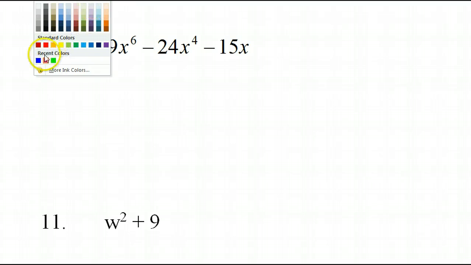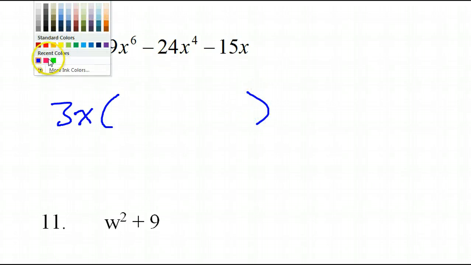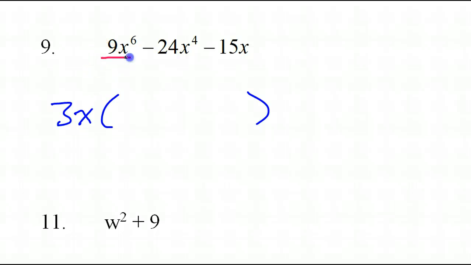Alright, at first glance, I'm seeing all of these are divisible by 3. So let's go with that. The lesser amount of x's is just the 1x. So it looks like our GCF is 3x. Let's try it out. So 3x, 3x, 3x. 9 divided by 3 is 3.